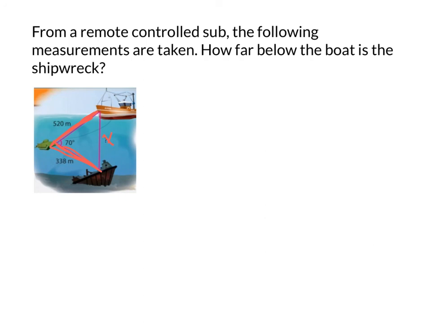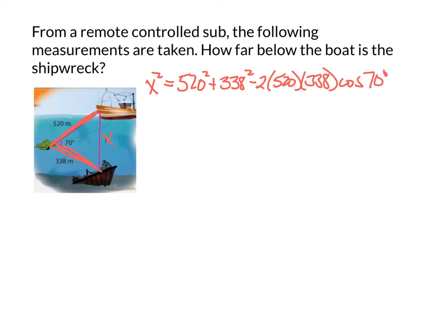So we can use our law of cosines. Remember that it starts off looking like the Pythagorean theorem. The side we don't know is going to equal the sum of the squares of the other two sides minus 2 times their product times the cosine of that 70 degrees.